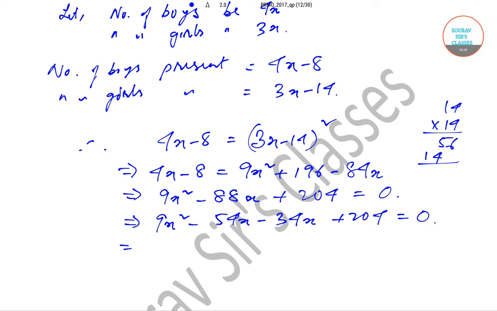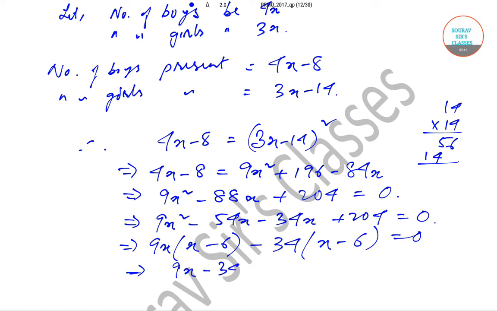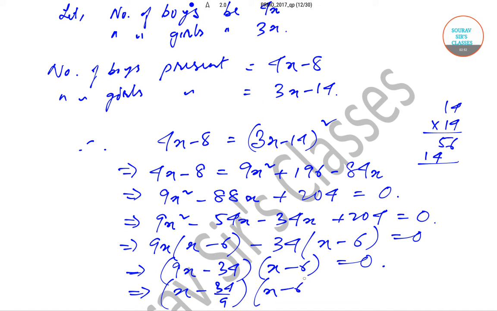So if we take 9x common over here, then we have x minus 6, and if we take 34 common over here, then we have x minus 6 again. So this can be written as 9x minus 34 into x minus 6 is equal to 0, and this can be further written as x minus 34 by 9 into x minus 6 is equal to 0.